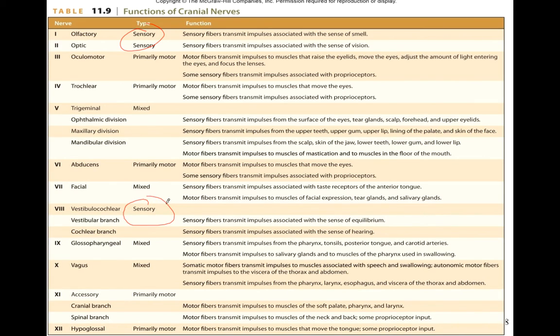Maybe you can learn all the sensory nerves together, and then all the primarily motor nerves together, and then the mixed nerves. It seems easier to learn because you get the 3 sensory, the 5 primarily motor, and then the 3 mixed.